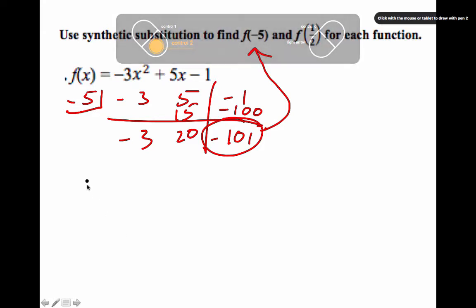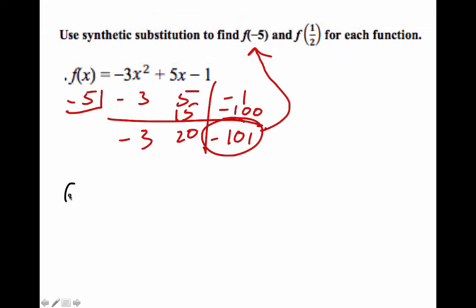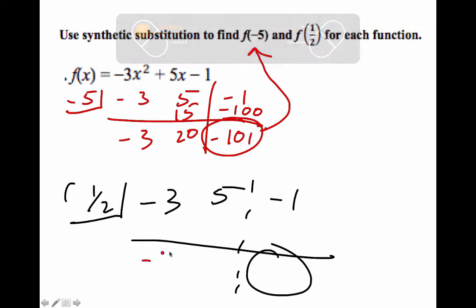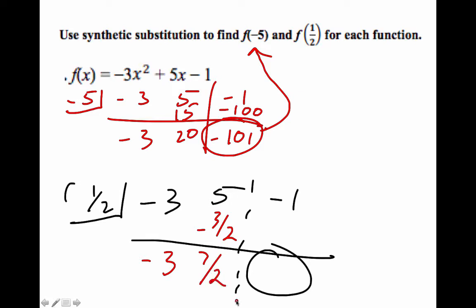Do the same thing for f of a half. Oops. Put a half in the box, -3, 5, -1. I guess I usually dot that, don't I? There's your answer. Drop it. Multiply. Add. It's 10/7 minus 3/2, 7/2.